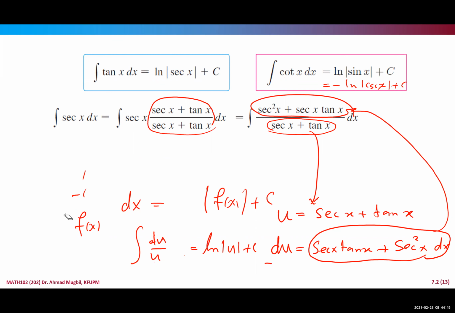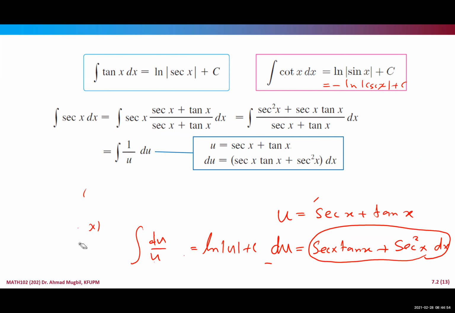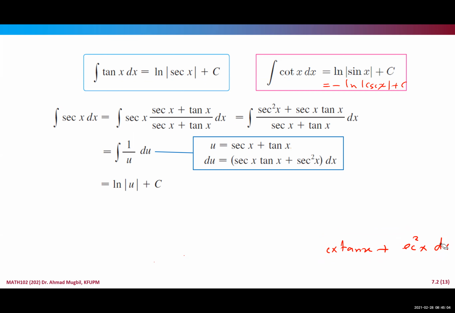Now, according to this, we put u equal to secant x plus tan x and du equal to secant x tan x plus secant squared x. Now, what will the integral be? The integral will be ln the absolute value of u. And what is u? The u is secant plus tan, substitute back.